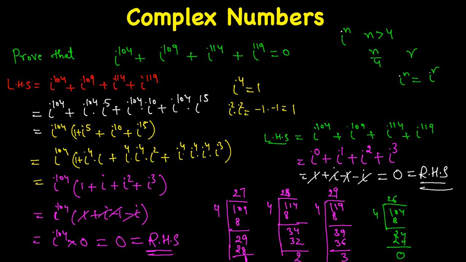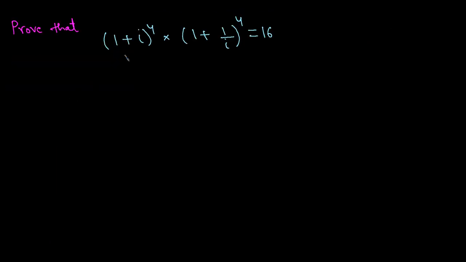Okay, let's go over the second example. This one says the product of these two complex numbers is equal to 16. So I'm going to use my left hand side here, which is 1 plus iota to the 4th times 1 plus 1 over iota to the 4th.